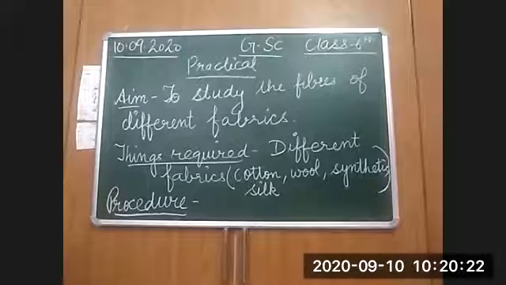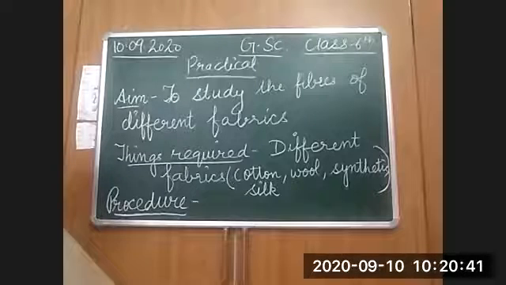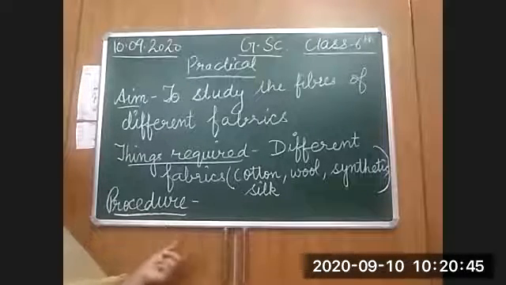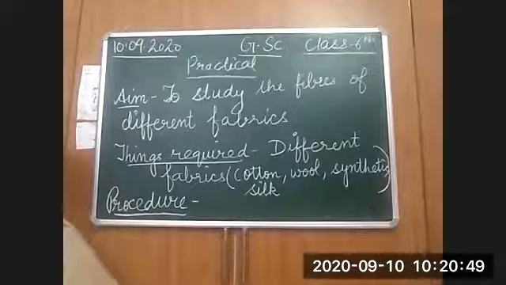Then after this, after pulling out, what you have to do, check their softness by touching. This is also included in procedure. Check their softness by touching one by one every fabric.